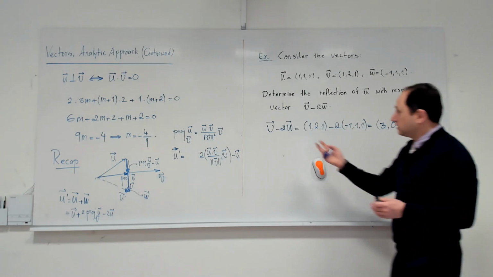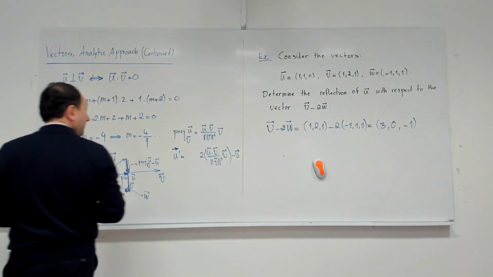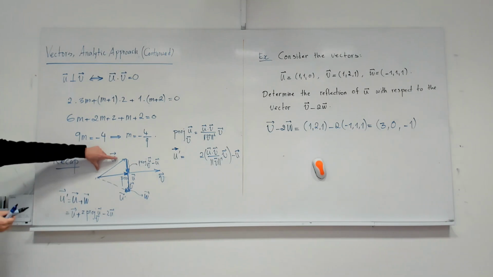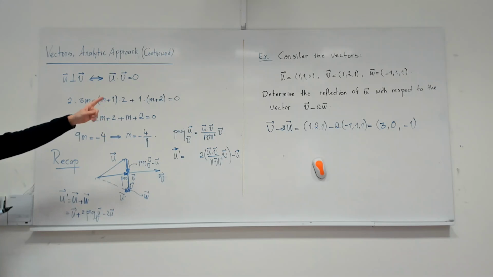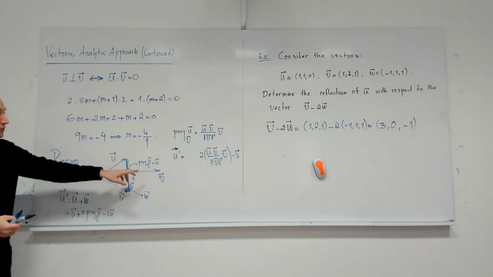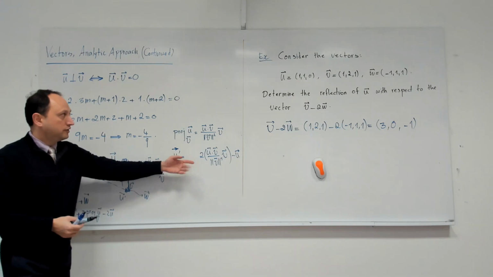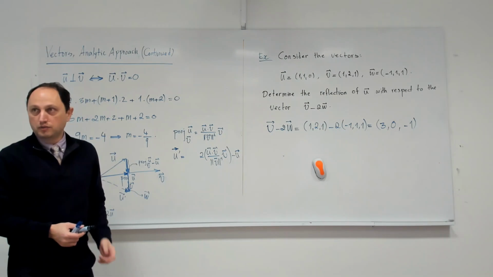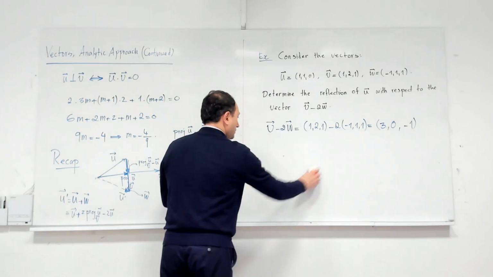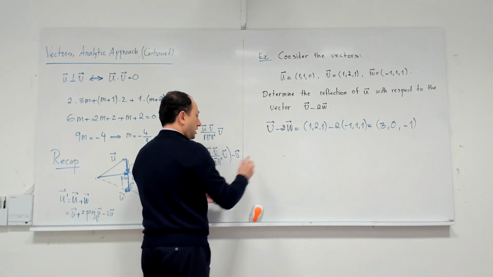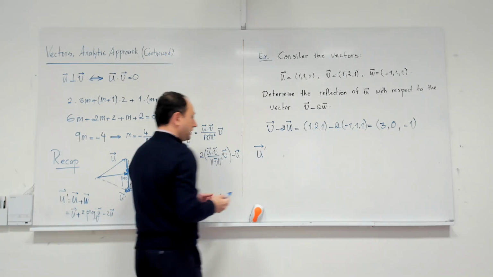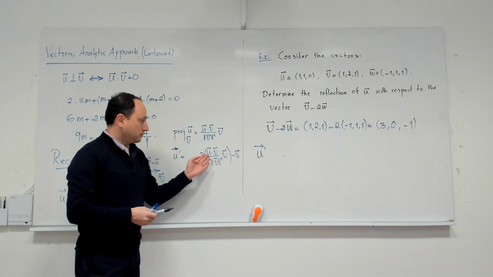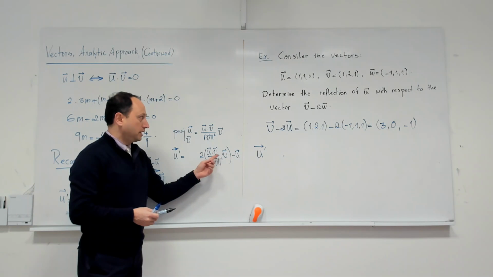So that would be this vector. This vector here is playing the role of the vector that I'm reflecting over, yes? This vector u is the same vector in the problem. I want to reflect u with respect to this one. So in this formula, wherever you see v, you have to replace it with v minus 2w. So if I want to answer that question, I would say that u prime, the reflected vector, is equal to something like this. u is the same in this formula, but v has to be replaced by this combination.